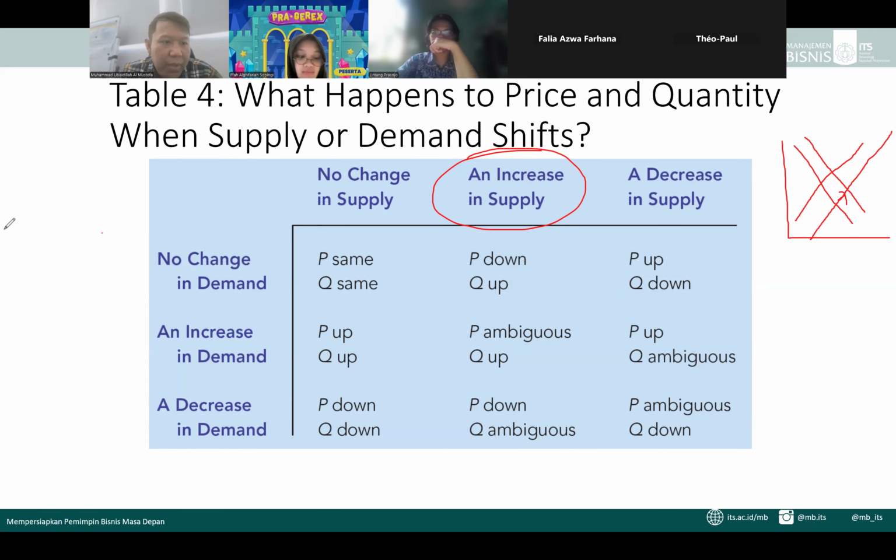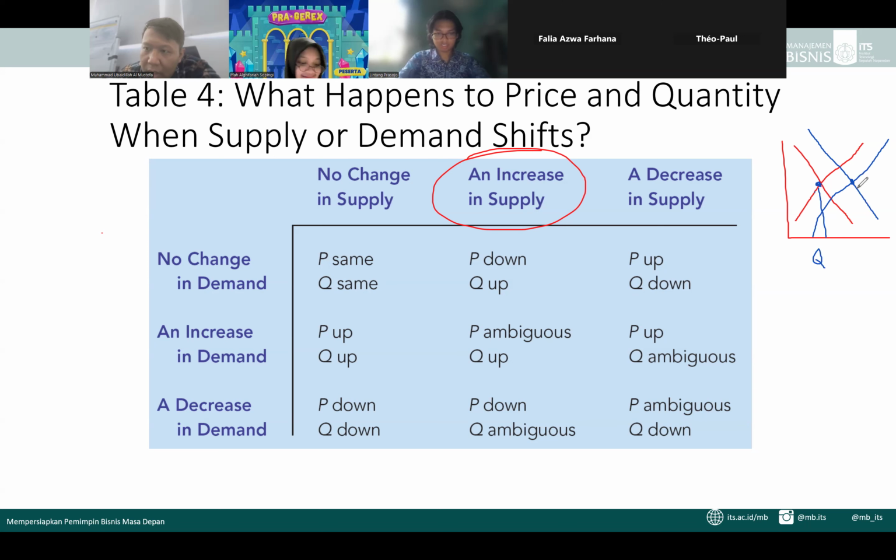Maybe I will use another color. So we have an increase in supply and also an increase in demand. What happened? You see that we have an increase in quantity.